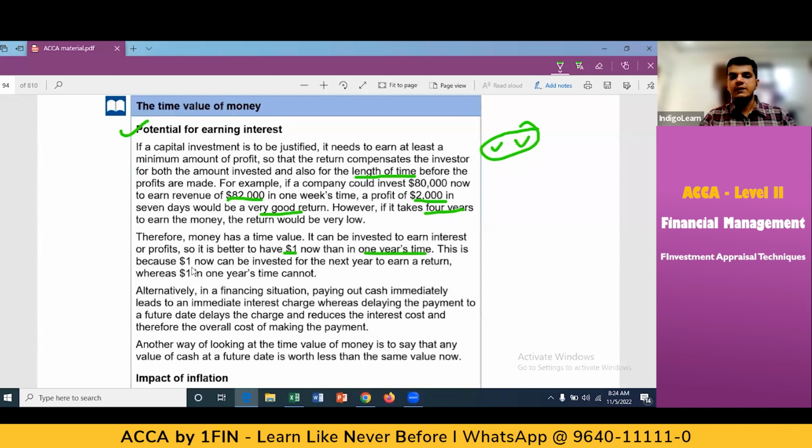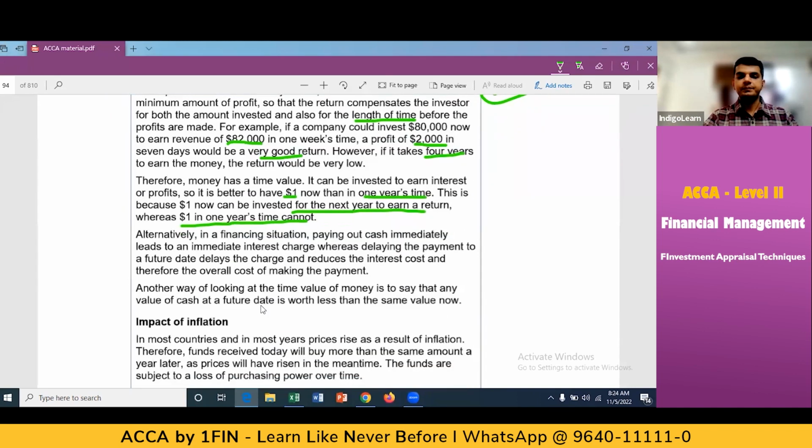This is because $1 now can be invested for the next year to earn a return, whereas $1 in 1 year's time cannot. You have money right now, you can immediately invest somewhere and earn some interest. But if you will receive that amount after 1 year, then your interest opportunity is lost and you will never regain it.